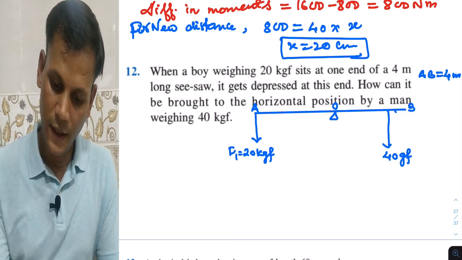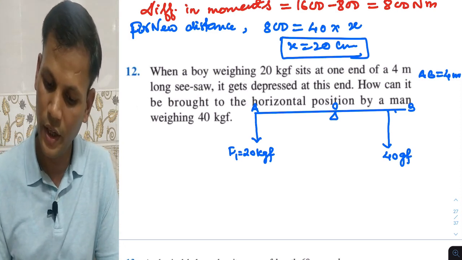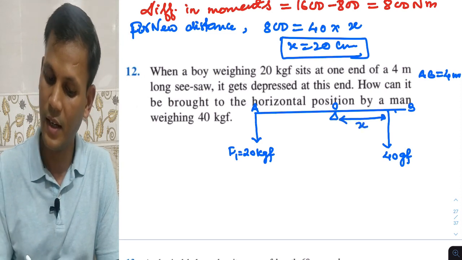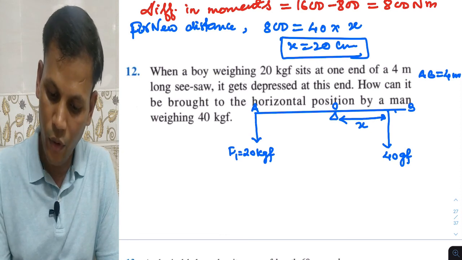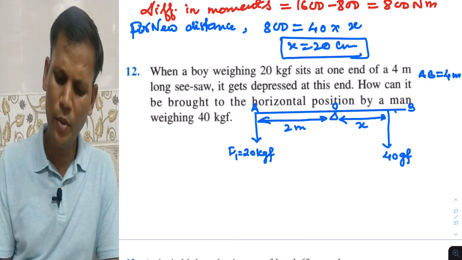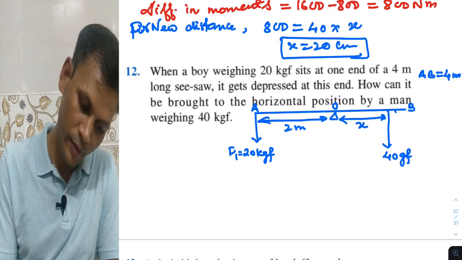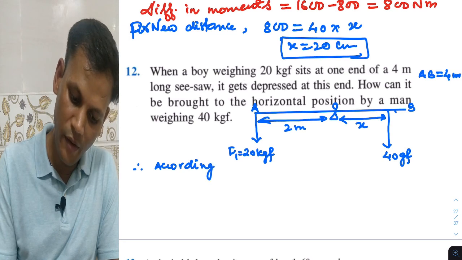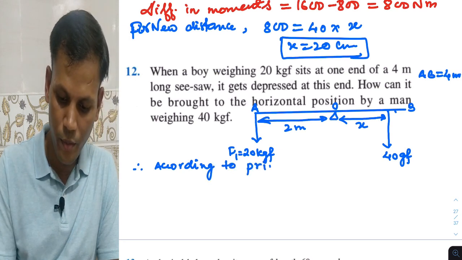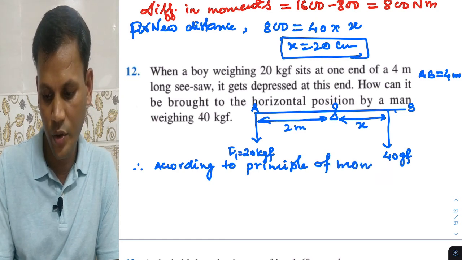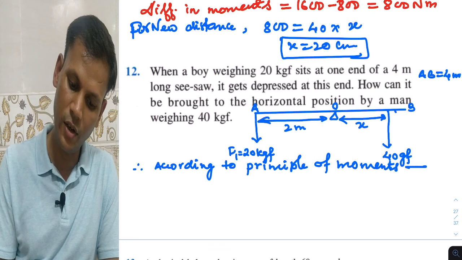Clockwise moment is equal to anticlockwise moment, but we don't know this distance, so we assume it as x. Of course this distance will be 2 meter. According to the principle of moments, clockwise moment must be equal to anticlockwise moment.